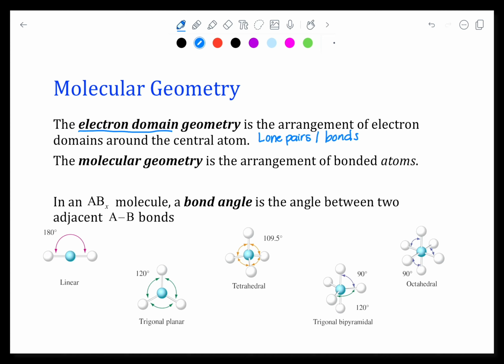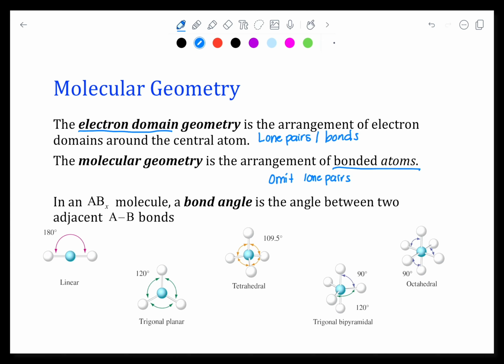So another geometry that we look at is the molecular geometry. And this is strictly looking at the arrangement of the bonded atoms. So this is where we omit lone pairs. And as we'll see, even though we're omitting them from determining the geometry, they still play a role in how the angles are calculated.